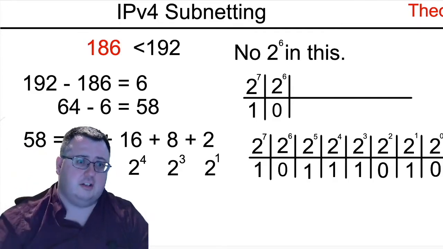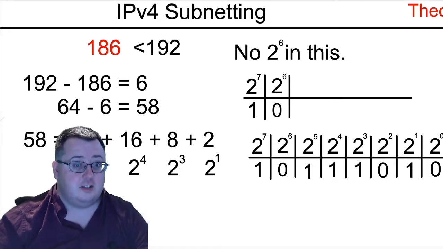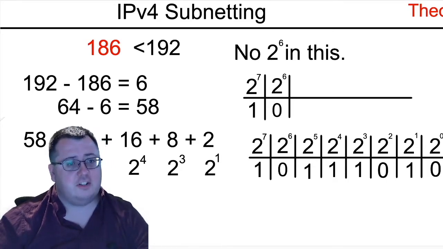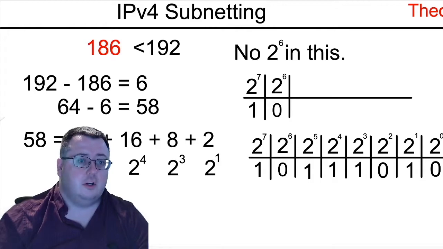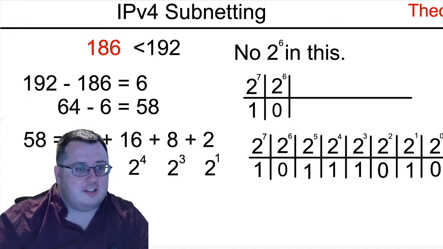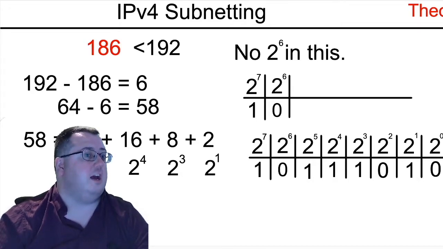So the way I deal with this is to say, well, if I take 186 away from 192, I'm going to get 6. And if I take that 6 away from 64, which is 2 to the power 6, I'll get 58. So I know that 186 minus 128 is going to be 58.